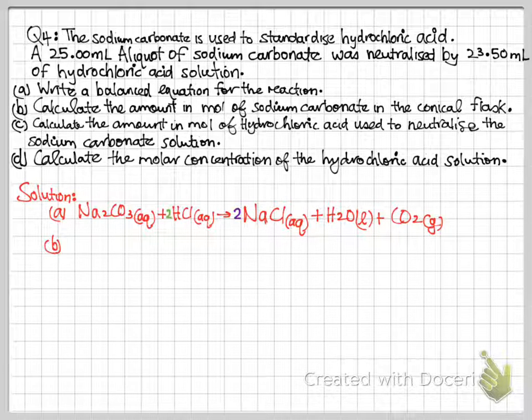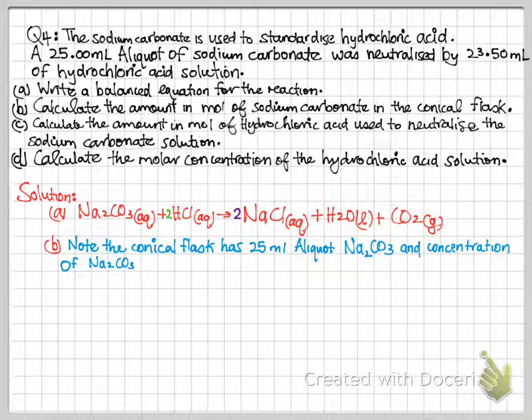So I need to make that 2 chlorides, and the only way I can do that, remember, I can't put the 2 at the bottom of the Cl, I have to put it in front of the HCl. Always when I'm balancing, I need to put in coefficients, not subscripts. A lot of students are making that mistake. And also very important to show the state, which is aqueous in this case, apart from carbon dioxide, which is a gas, and H2O, water, which is liquid.